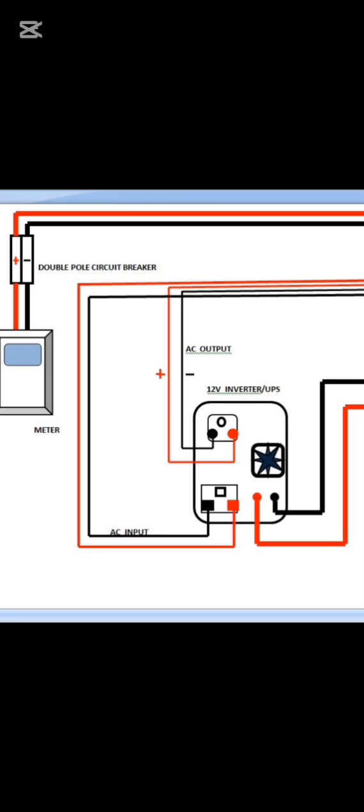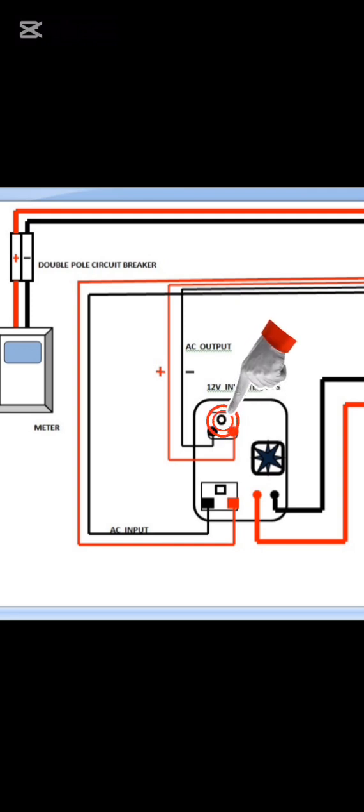And the inverter is used in converting DC current from the battery into AC current to supply to the building in case of a power cut from the main. That is why it is called the UPS. It has both the inverter and the charger.